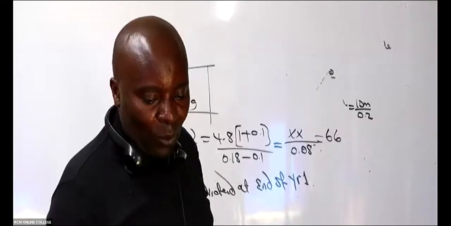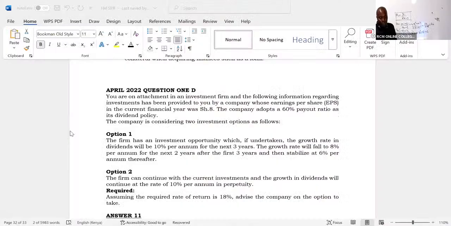We go to option number one. Option number one was really interesting. So for option number one, they told us the firm has an investment opportunity which, if undertaken, the growth rate in dividends will be 10% per annum for the next 3 years.